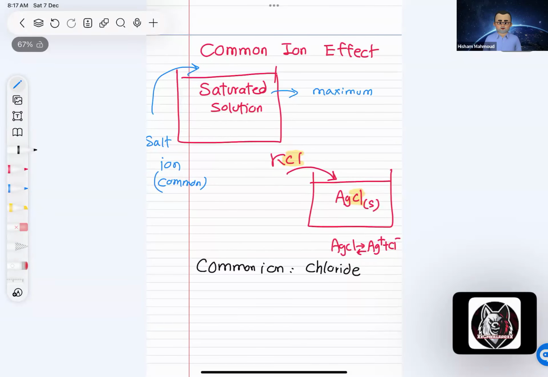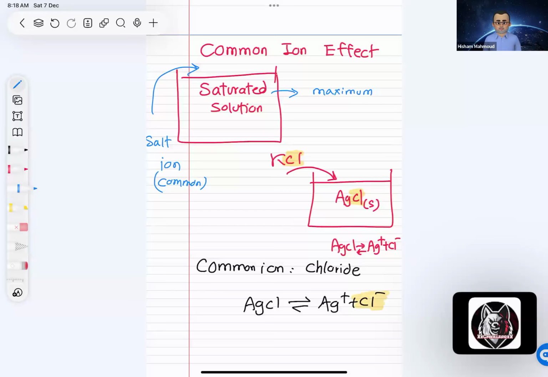Then the Cl concentration is going to increase. AgCl forms Ag plus and Cl minus. So like we did before, the Cl concentration is going to increase. So what is the response from the system?